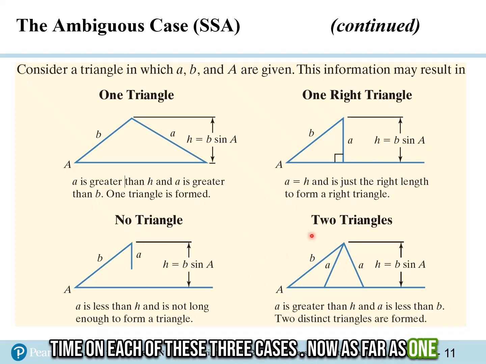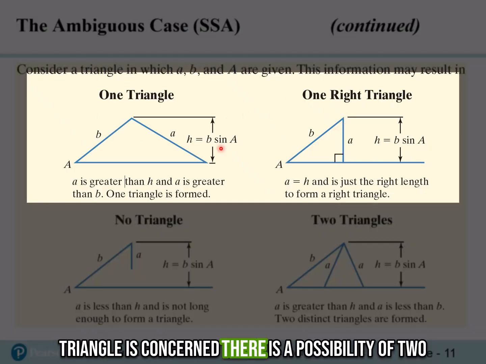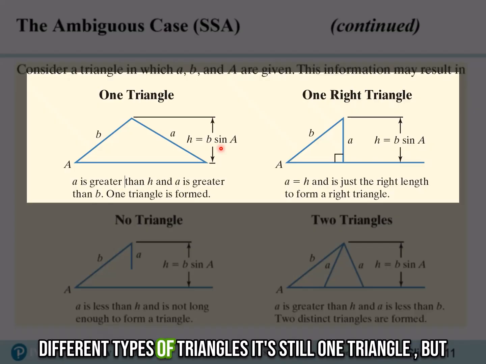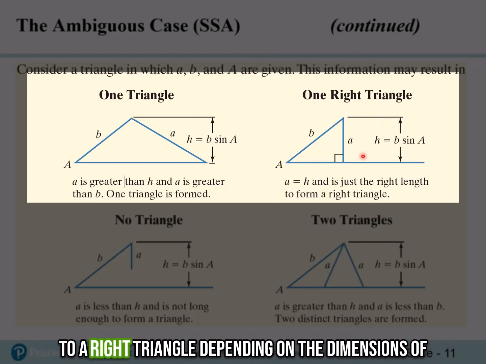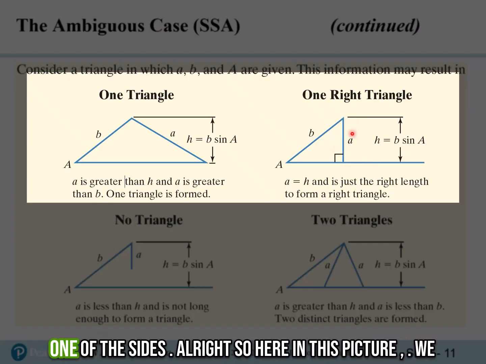Now, as far as one triangle is concerned, there is a possibility of two different types of triangles. It's still one triangle, but it could be either an oblique triangle or it could lead to a right triangle depending on the dimensions of one of the sides.